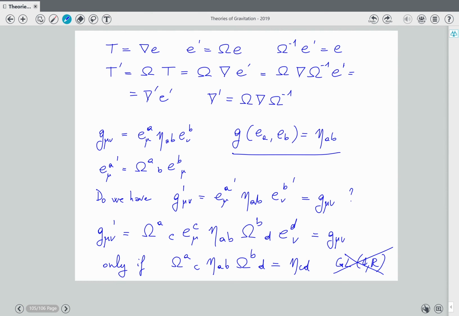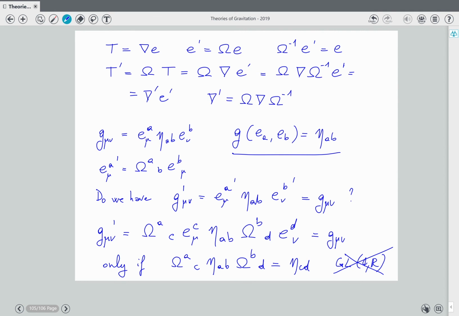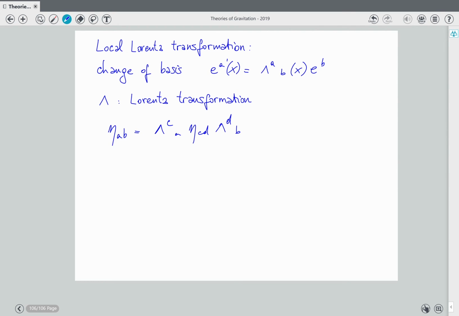So lambda AC eta CD lambda dB, for every x, everywhere.